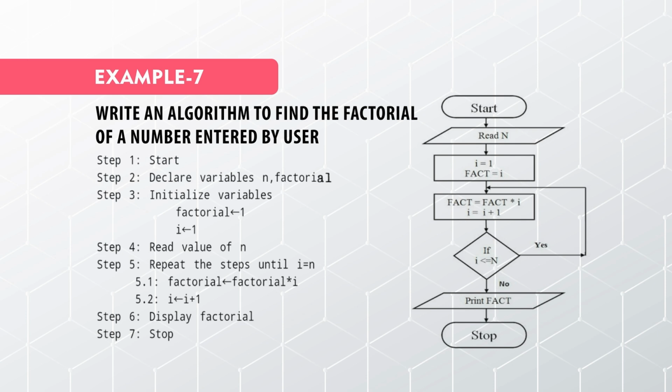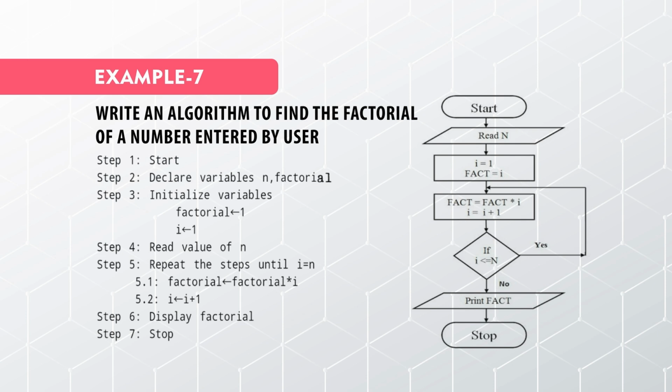So we read the value of n, and we repeat the steps until I becomes equal to n. In each repetition, we multiply factorial by I and increment I by 1. Say we are using this algorithm to calculate 3 factorial.